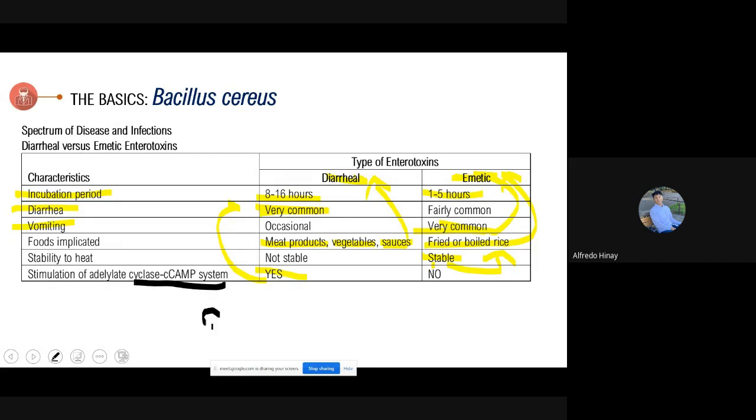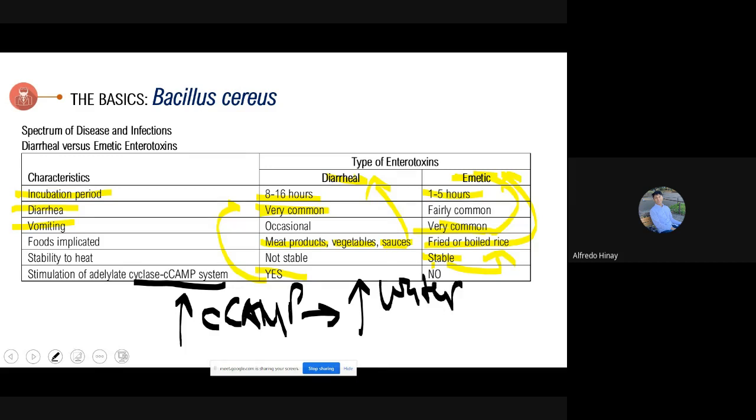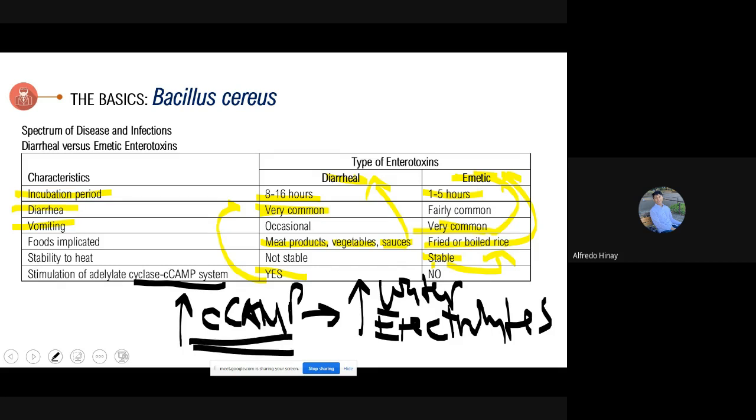Okay, your cAMP, pag nag-increase kasi si cAMP, class, this is increase of water secretion and then electrolytes. So kung ginasipon ka, class, ibig sabihin you have an increased cAMP, and that is due to your organism.